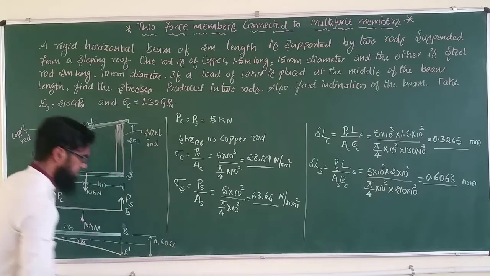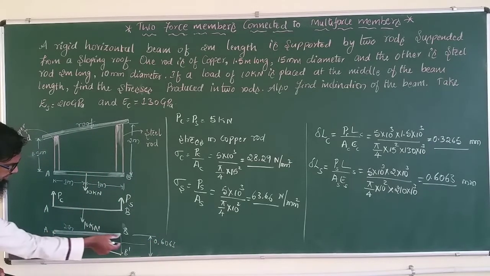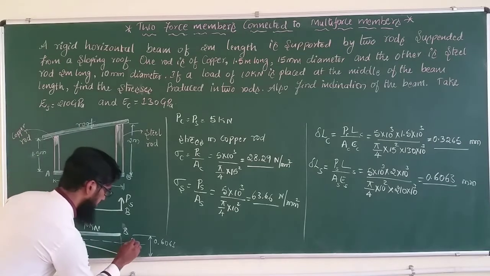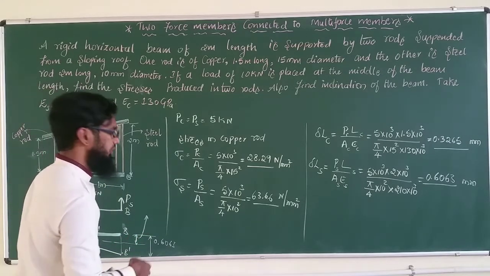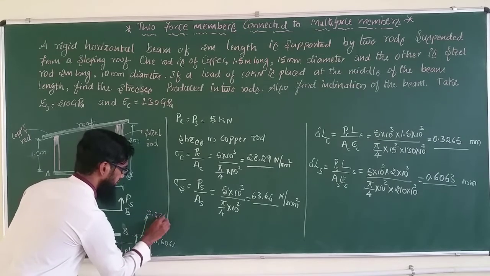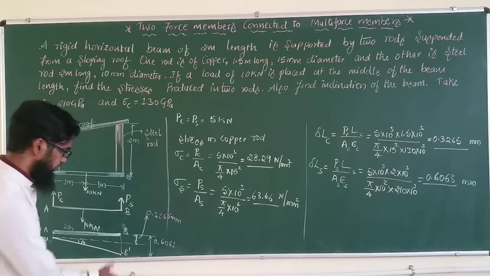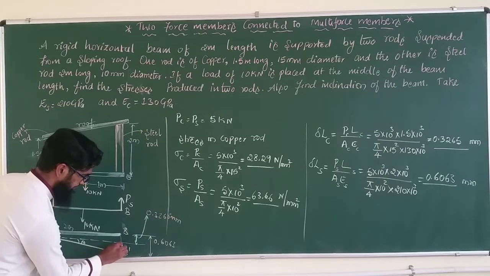The total length is 0.6063, but the length from A to A dash is 0.3265 mm. So this is 0.6063, the total. Now I need to find the length of this part.